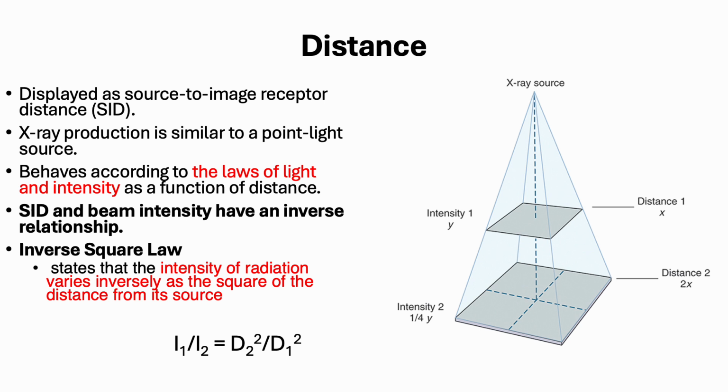I have to give you homework on this, and I'll go over it next week before lecture so we can solve more of it. The concept behind it is that the intensity of the X-ray beam, or the intensity of the photons, decreases as the distance increases.